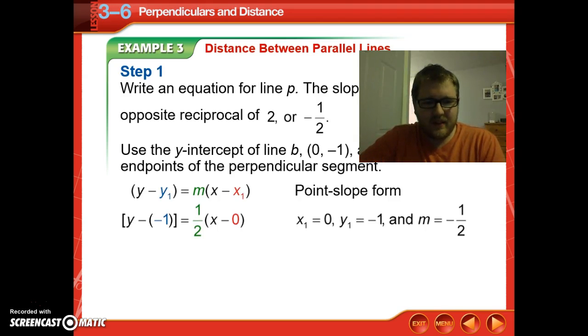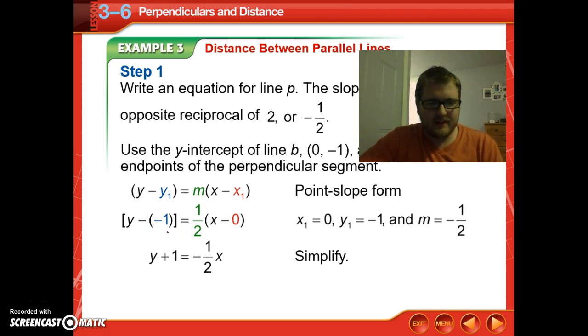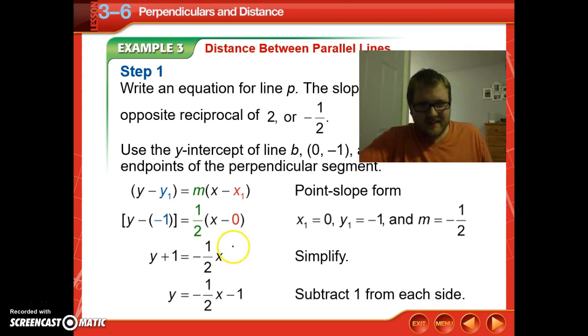So using point-slope form, we can put negative 1/2 in for the slope and the y-intercept of that line in for the point. And we get y plus 1 equals negative 1/2 x. And finally, we just solve for y by subtracting 1 from each side. We have our slope there and our y-intercept.